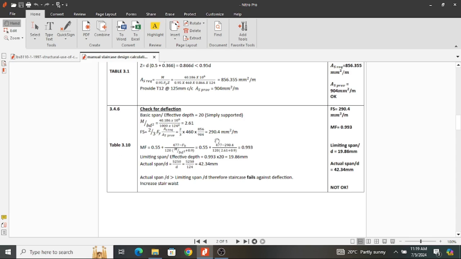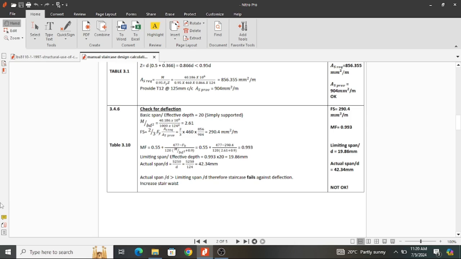But let me recheck this because we may have committed a mistake. Sometimes it's good to carry out these checks so that they enable you understand how your structure is behaving.